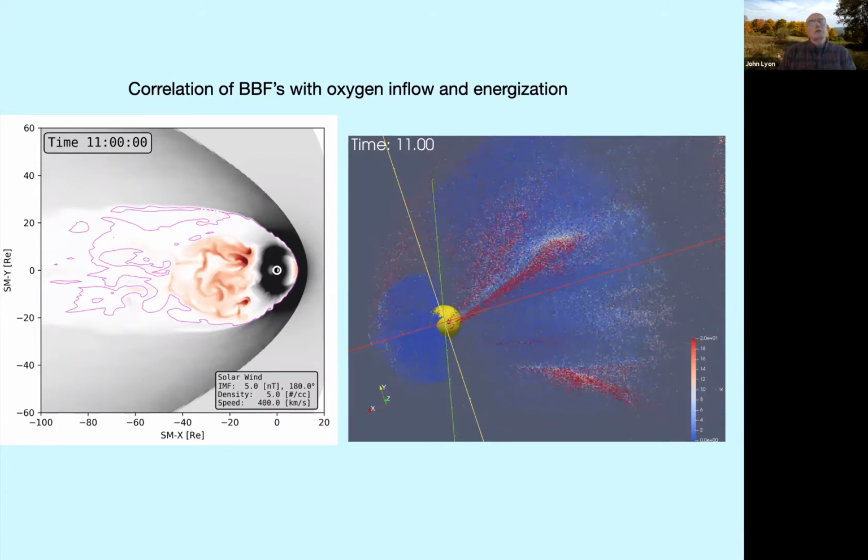And so the Meso-scale, in this particular case, is important for where oxygen ends up. It turns out that you can quite rapidly put oxygen into the ring current by these BDFs picking it up.